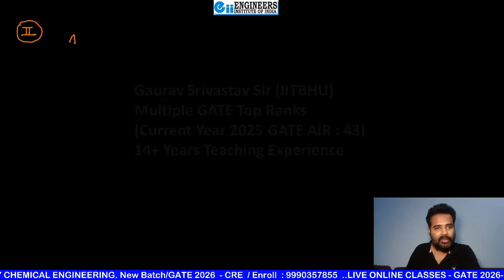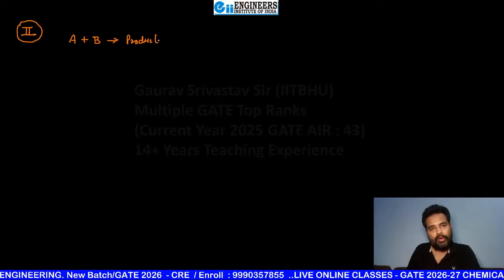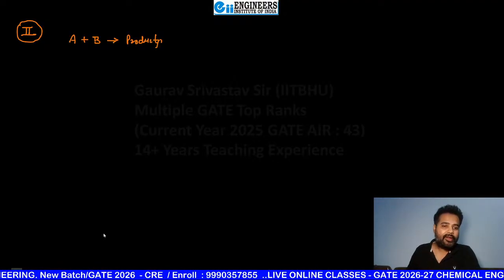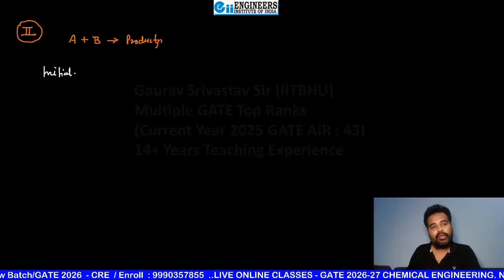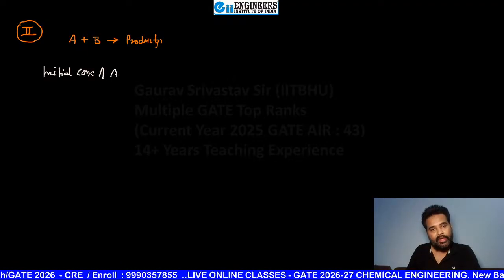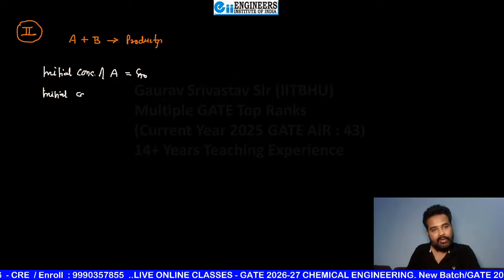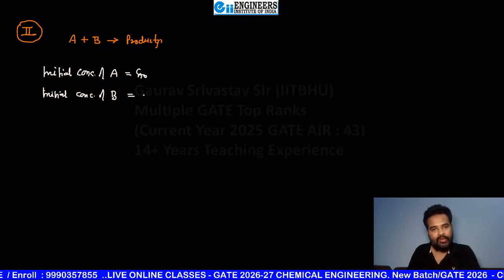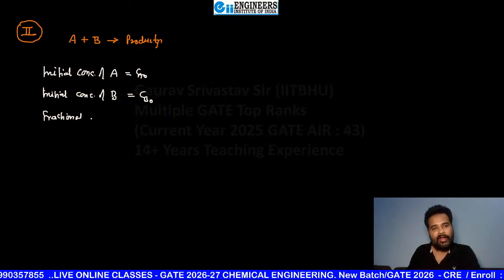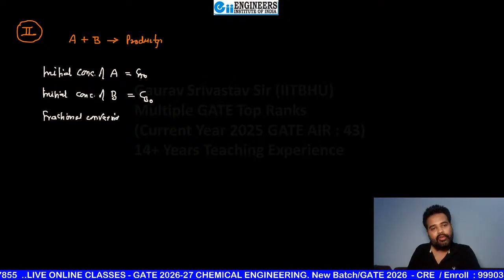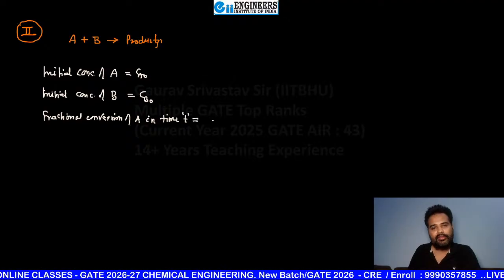If you are considering a reaction like A plus B forming products, and here two reactants are there, so you are assuming the initial concentration of A as Ca naught, similarly the initial concentration of B as Cb naught, and the conversion you are writing in terms of A only here, fractional conversion of A in time t, that is x.